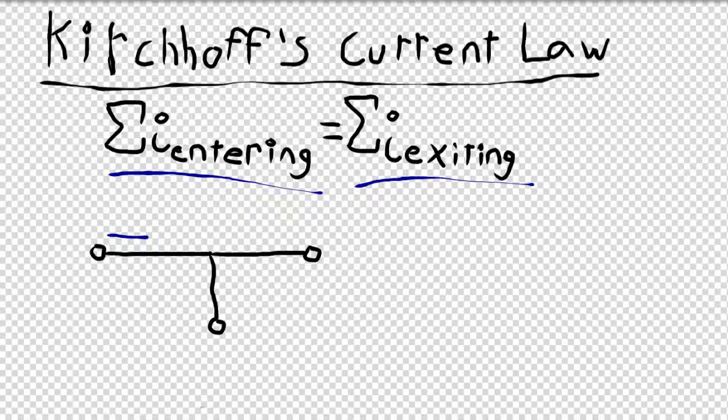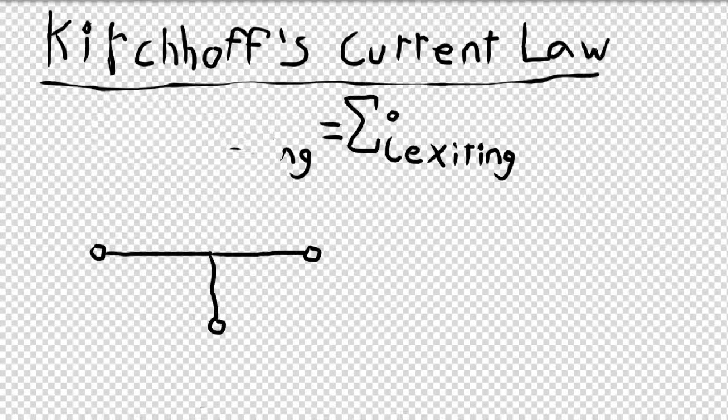The way we normally describe it, and this is for the purposes of nodal analysis, is that the sum of all currents exiting a node is equal to a big fat 0.